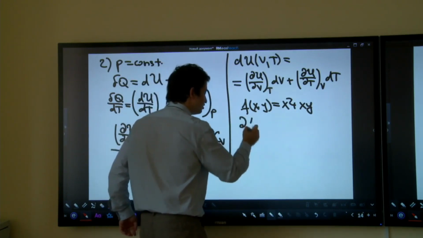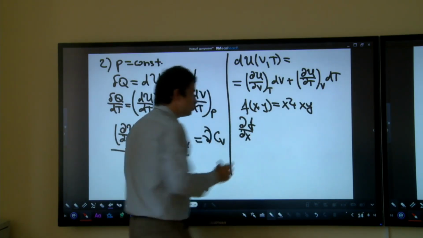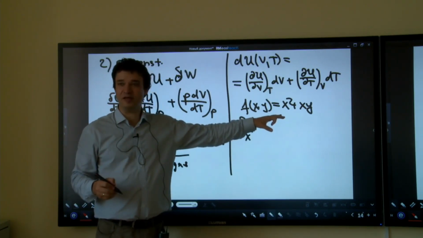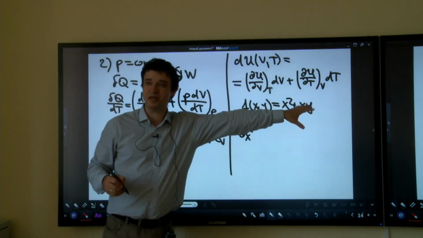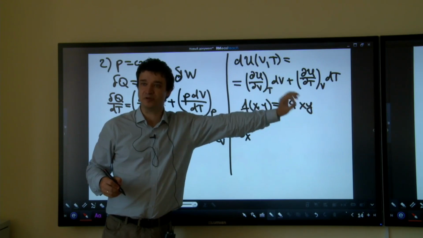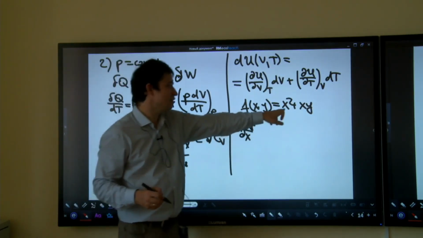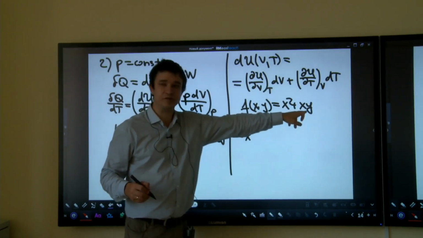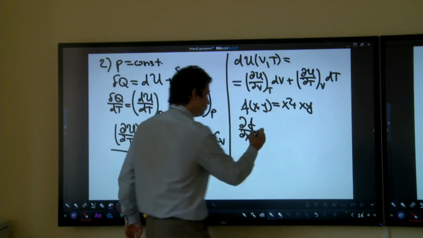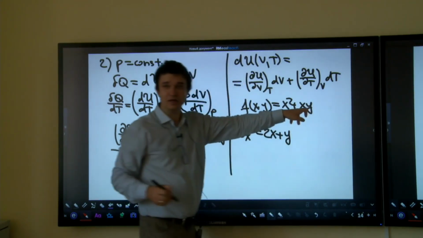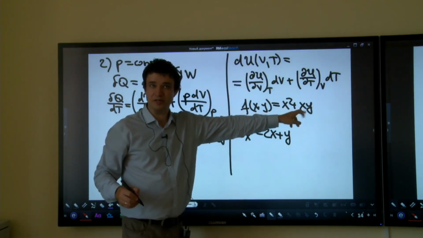A partial derivative is calculated assuming that this is the function of a single variable, while every other letter is a constant parameter. So if I calculate df over dx, then I have here a quadratic function. That would give me 2x from here plus y from here, because y is a parameter here.